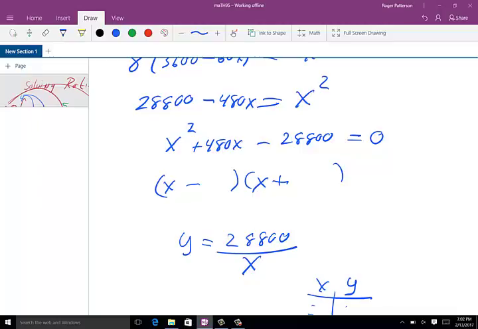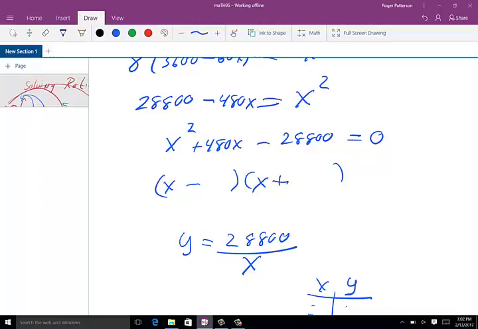Plus negative 28800. There's one answer right there. 53.9. So 53.9 is one answer.